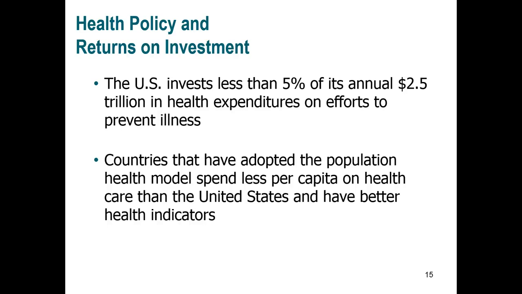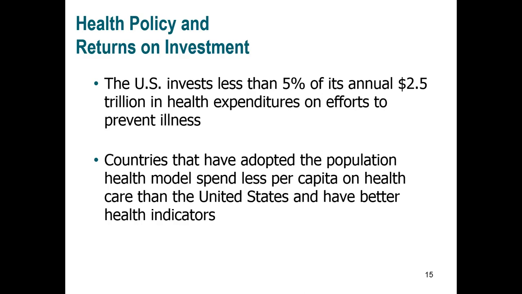Fee for service. Somebody gets sick, somebody comes to see the doctor, the doctor does 15, 20 different services, he's going to get paid for all 15, 20 of those services. Doctors don't get paid if somebody stays healthy. They get paid if somebody is sick and comes to visit the doctor. And so that's got to be a fundamental shift if we're going to start preventing and getting rid of some of the $3 trillion costs that we had in the healthcare system.